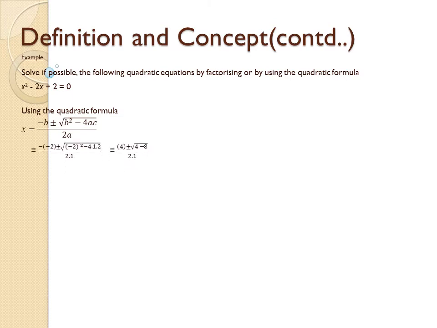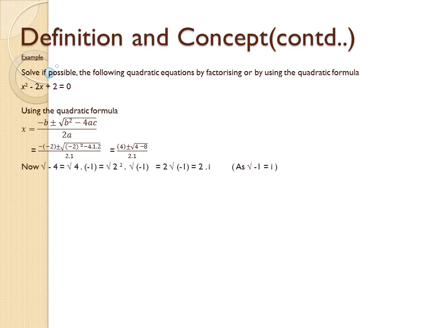If I put in a, b and c by comparing with ax square plus bx plus c equal to 0, it becomes minus of minus 2 plus minus root over minus 2 whole square minus 4 into 1 into 2, divided by 2a. a is 1, so 2 plus minus root over of 4 minus 8, divided by 2 into 1.